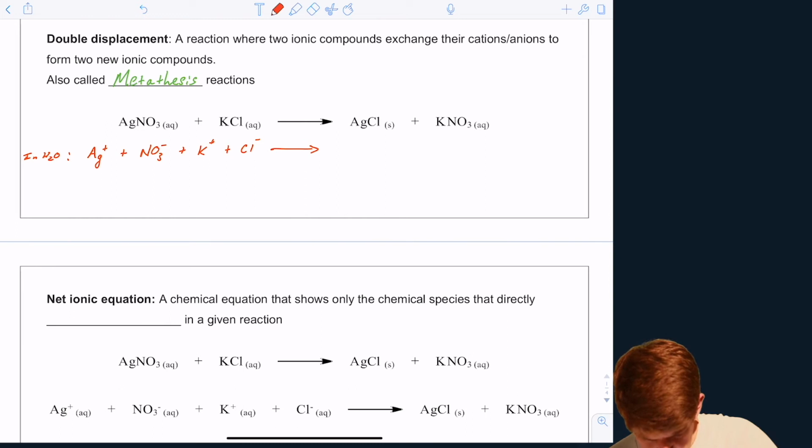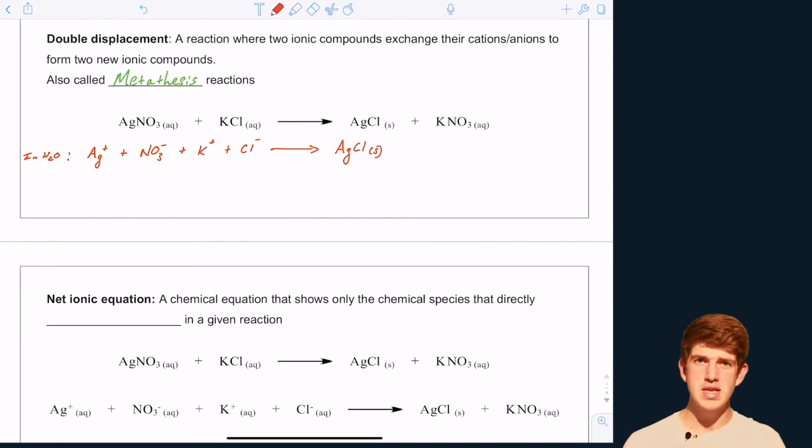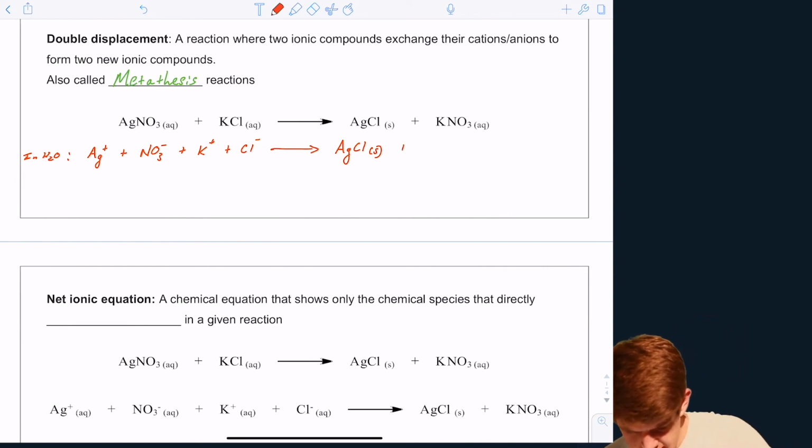Well, I now have AgCl as a solid sitting in solution, but it's not actually dissolved anymore. But I still have the K+ that is aqueous and the NO3- that is also aqueous.